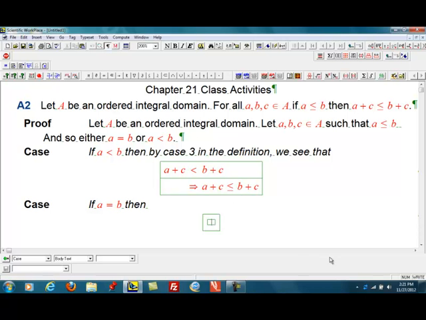I don't see in the book how you're able to go from A plus C less than B plus C to that, from what the book says. The book says one or the other happens. So if you have an or statement, A or B happens.